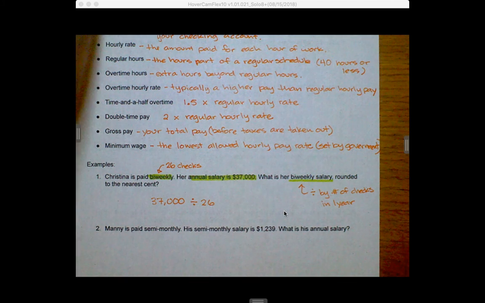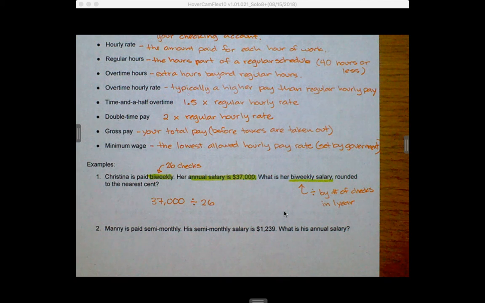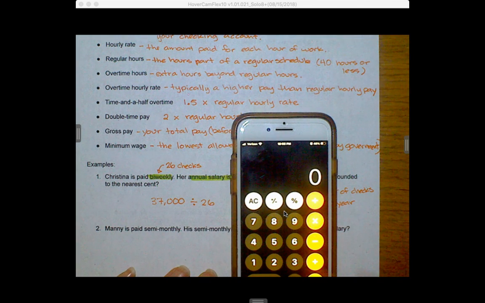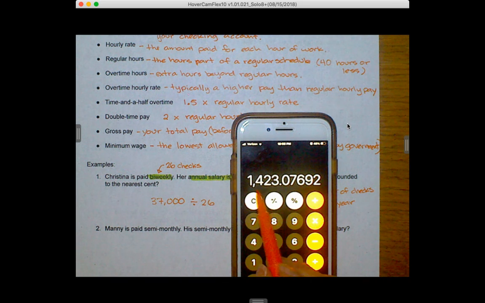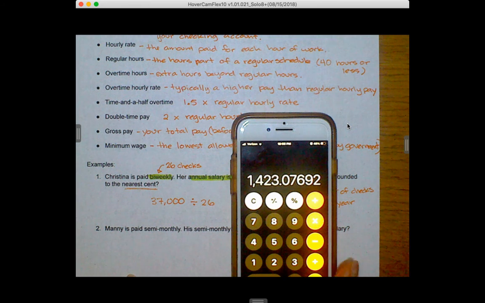Now I'm just going to get my calculator out so I can make this a little bit easier for me. So I'm going to go ahead and do 37,000 divided by 26. Okay. So here's what I get. I'm getting 1,423, and then I have a bunch of change. It told me to round to the nearest cent, which means it wants 2 numbers after the decimal point.